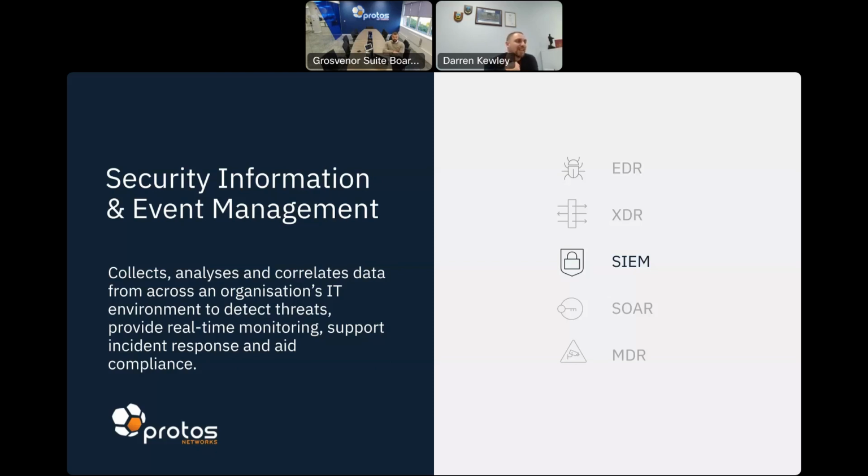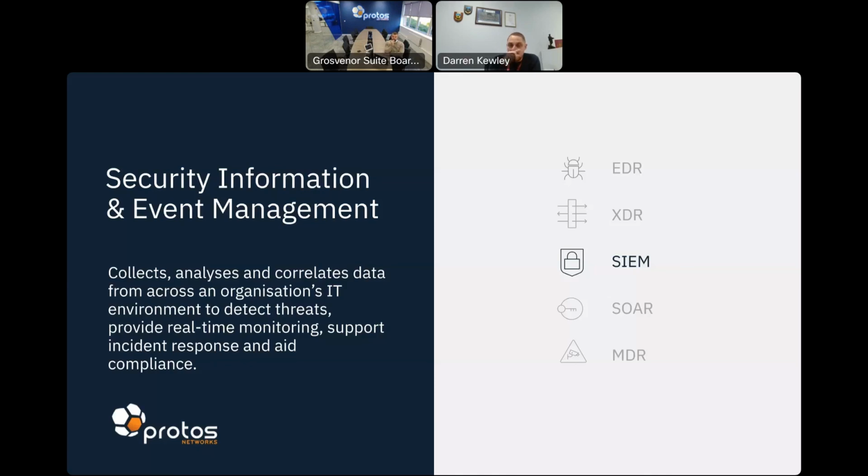But a SIEM will collect data from across your whole organization. Usually SIEMs are like syslog or Windows logs, NXLog, things like that. So it'll be getting tons and tons and tons of data, and I'll show you what that looks like later. And then there will be threat intelligence and correlation rules to look for threats inside there.